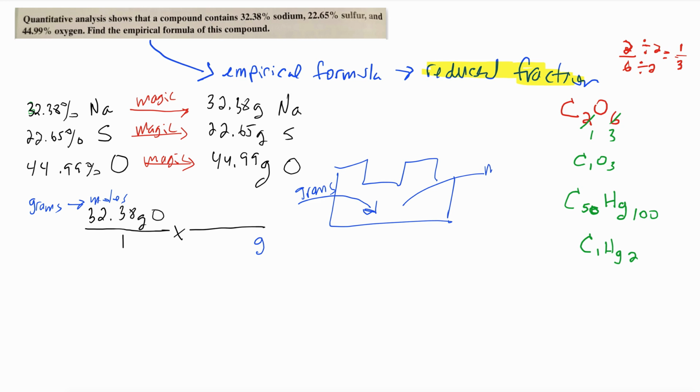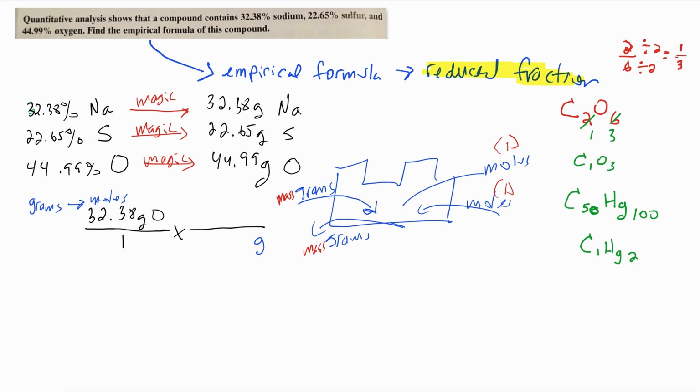You could also go moles to grams. And it's always going to be 1 mole. But this grams number is always going to be your mass from the periodic table.